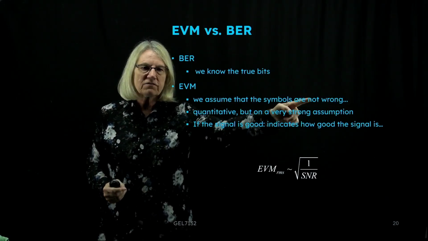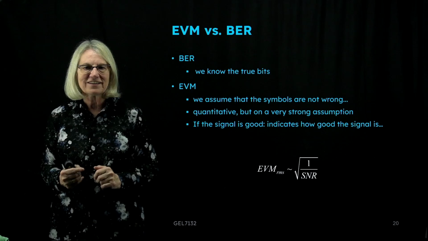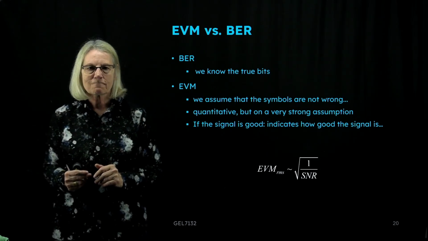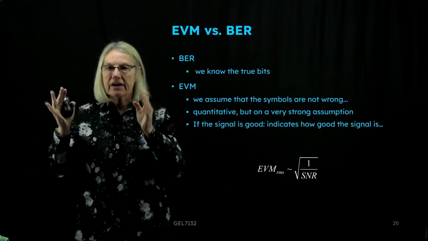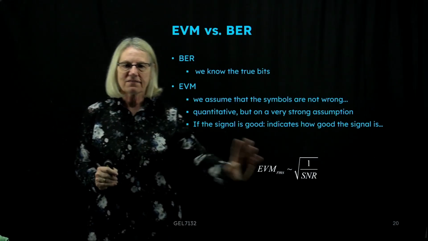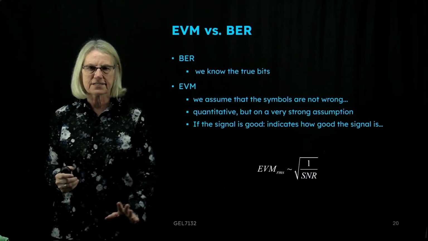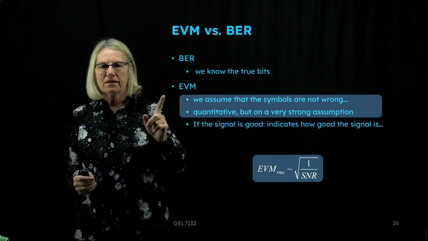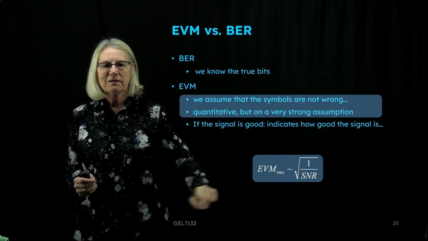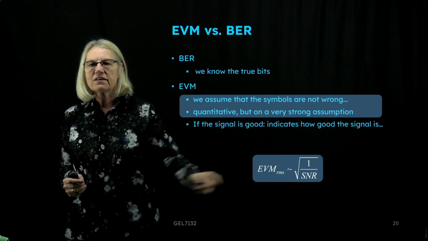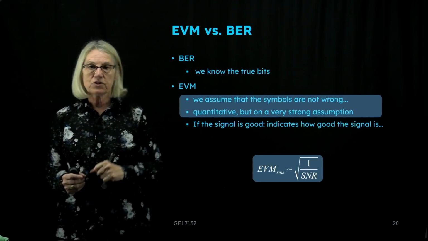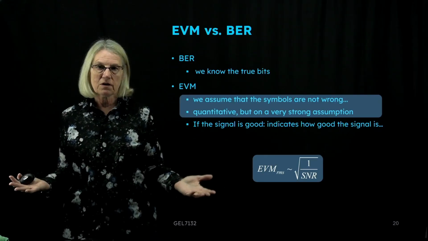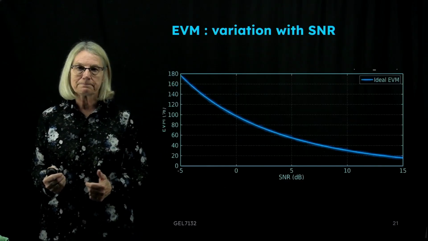If the signal is very strong, if there are very few errors being made, then this relationship is almost exact. So it's a very strong assumption, but under some conditions, this could be a way that we could use EVM, to maybe even estimate what is the signal-to-noise ratio for my signal.